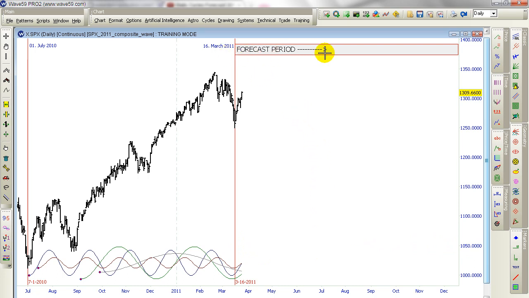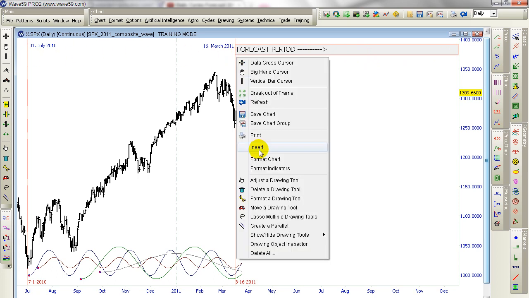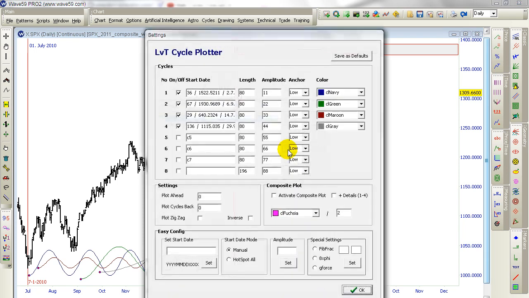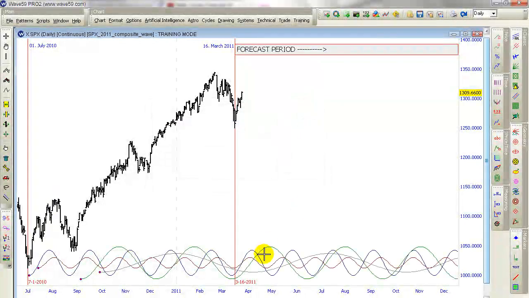So this is the forecast period with the data chosen for analysis here. We would just go to the cycle plotter and plot these cycles into the future. Now what you see on the chart is simply the cycles plotted into the future, each cycle as an individual cycle. At least we don't see anything which might be of value here.